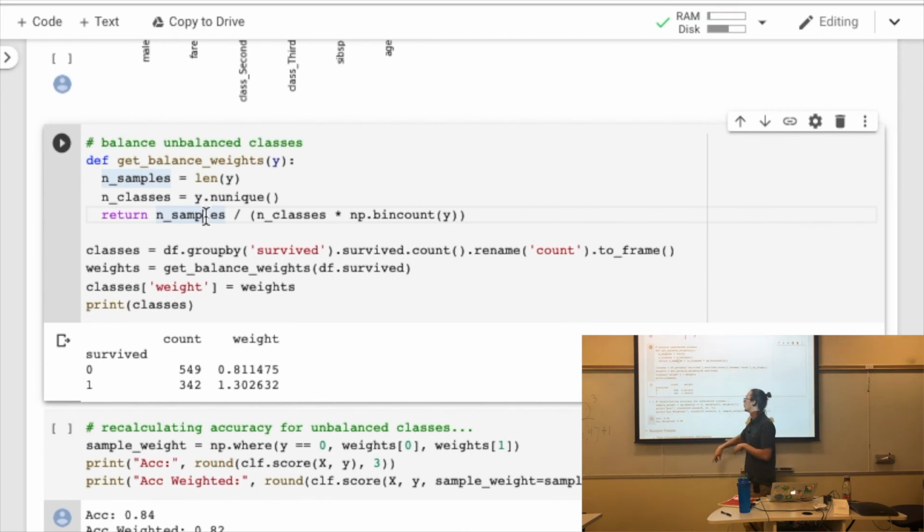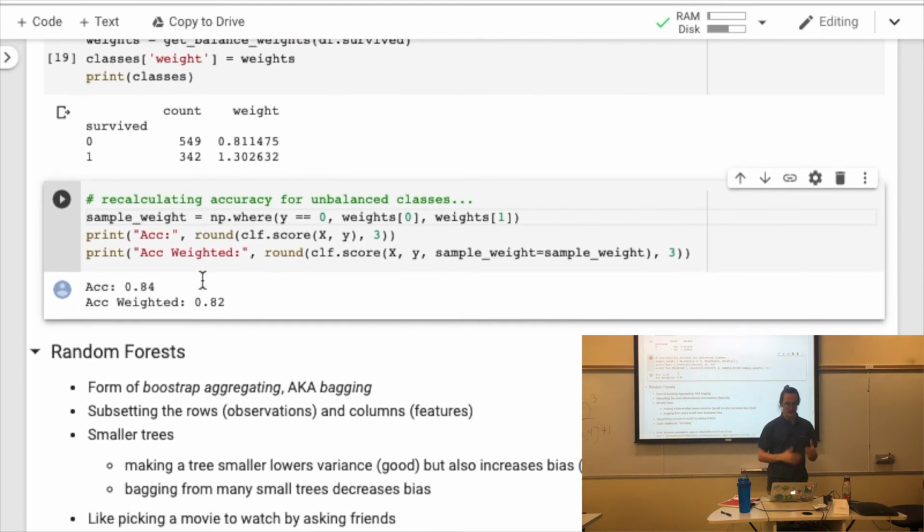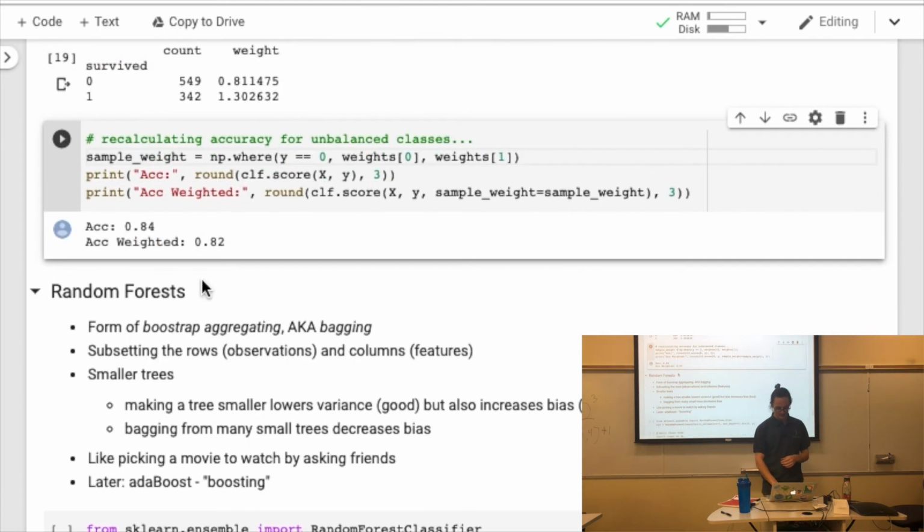We'll weight the people who survived higher, so that if we misclassify those people, the algorithm will be more punished than for the people that didn't survive. And so you can see here, the vanilla accuracy is 0.84, but if we consider the weighted accuracy, it's 0.82, so it's a little bit lower. So that's important to look at if you have unbalanced classes.